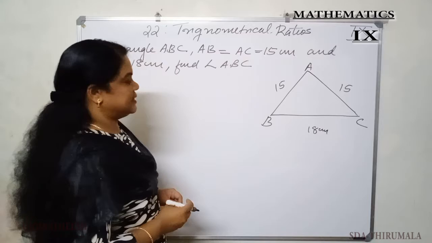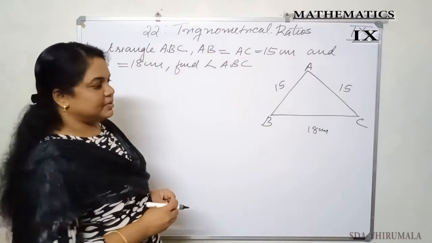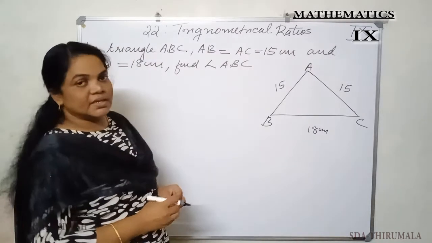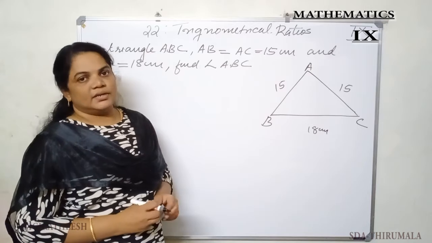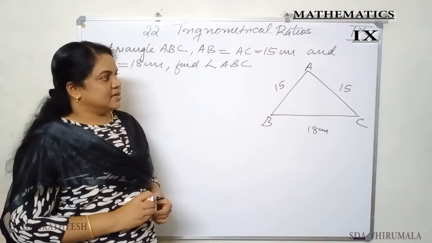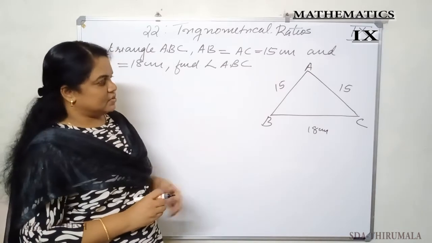Find angle ABC. We have studied about the right angle triangle. How can we convert this into a right angle triangle?